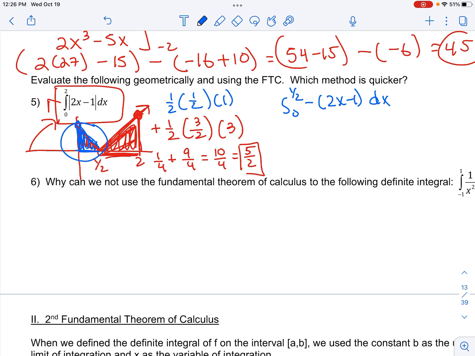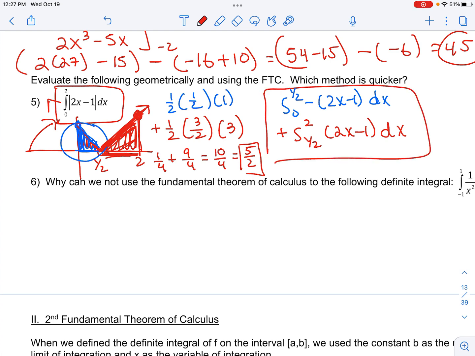And then the red line here would be the positive scenario, and that's only going from 1/2 to 2 of 2x minus 1 dx. So if you wanted, you could take the antiderivative of those two pieces separately and add them together. So I think for an absolute value question, doing it geometrically is actually much quicker.